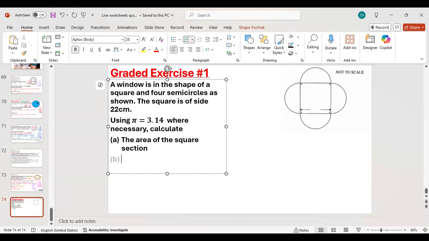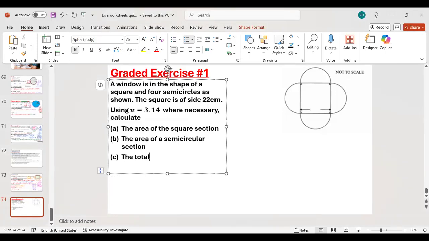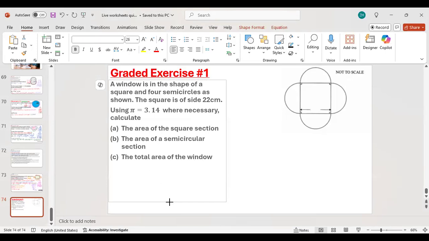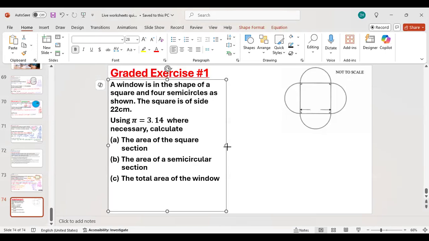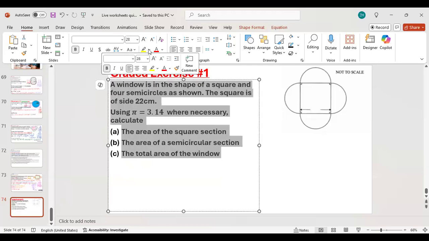B, the area of a semicircular section. And C rather, the total area of the window.